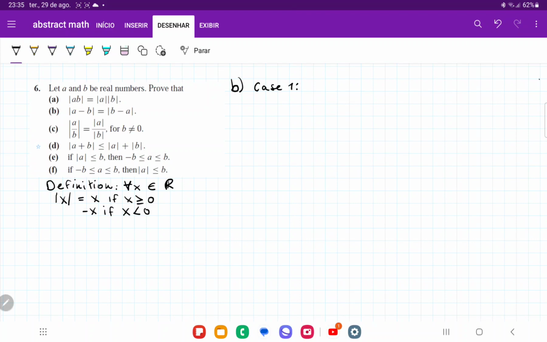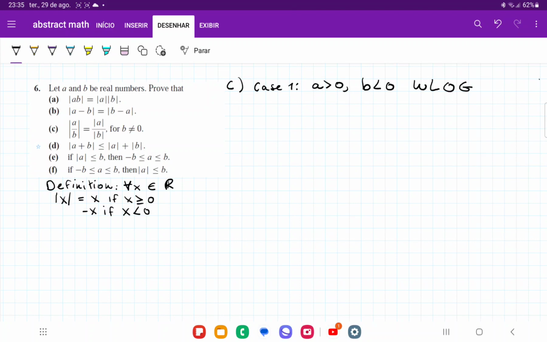So case 1, and that changes to C, is where A is positive and B is negative, without loss of generality, just as we did in A. Once more, this just means that because we don't assume anything about A and B, if we prove that it's true in this case, then it is also true where A is negative and B is positive. The reasoning is the same.